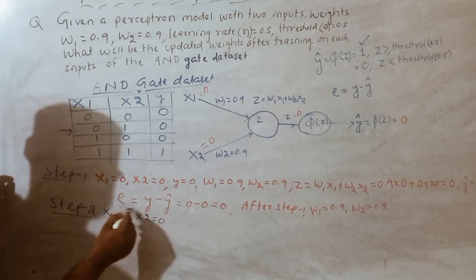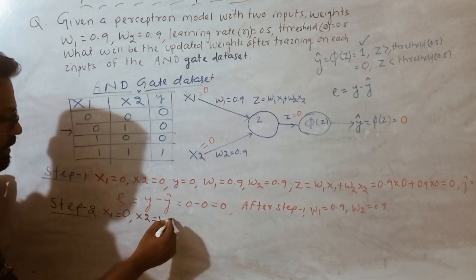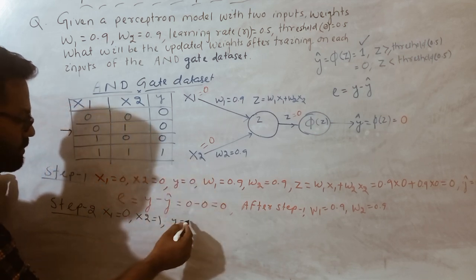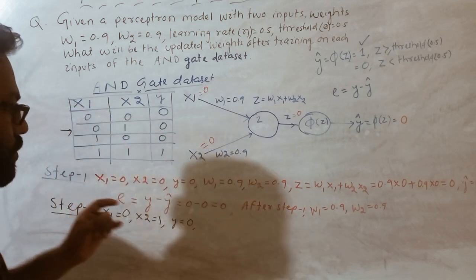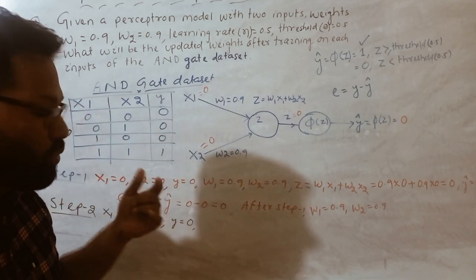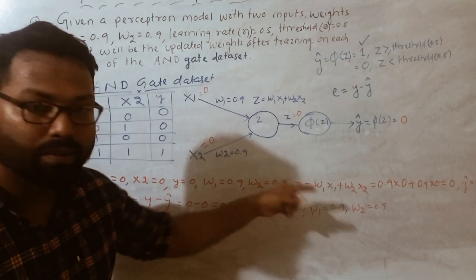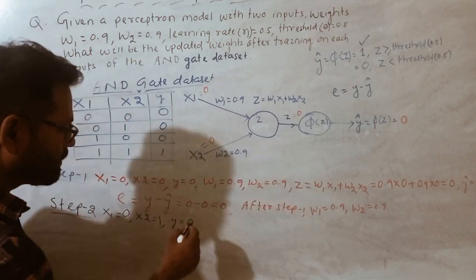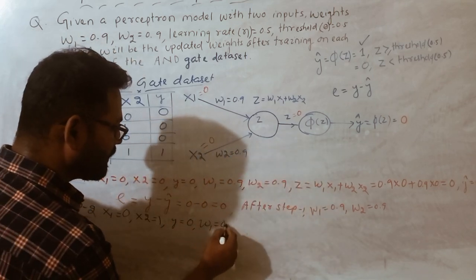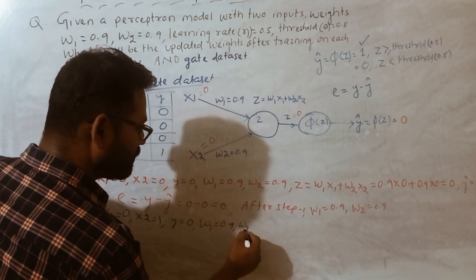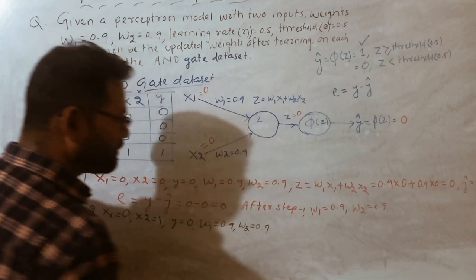X1 equal to 0 and x2 equal to 1. My real output is equal to 0. And what are the weights? We have to take the weights from the previous step. So W1 is 0.9 and my W2 is 0.9. No change happened in the previous step.